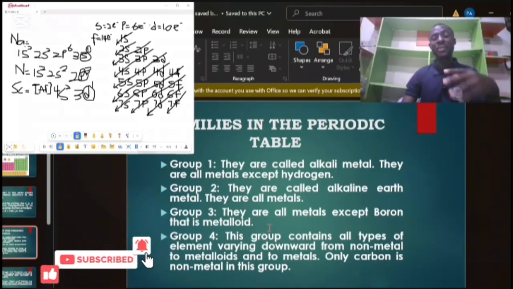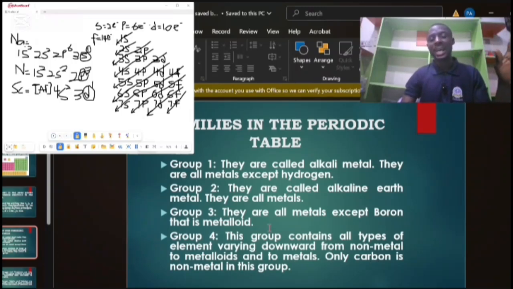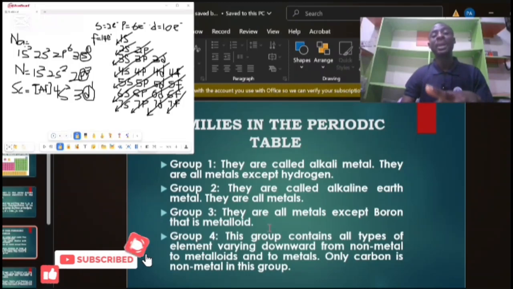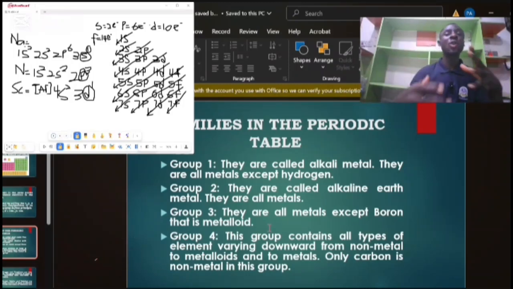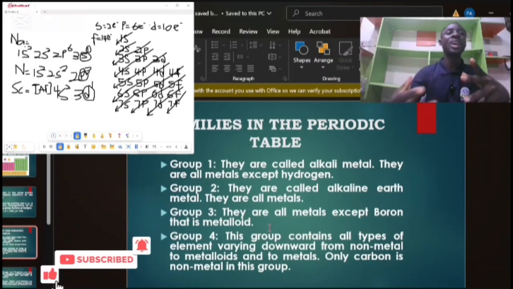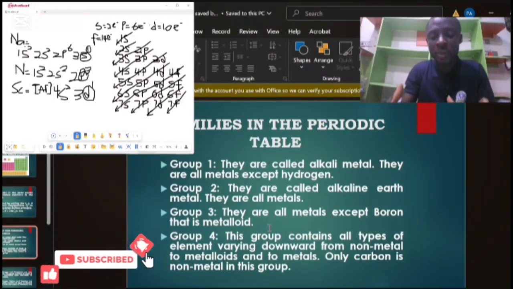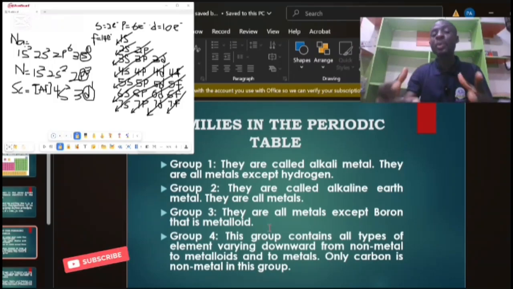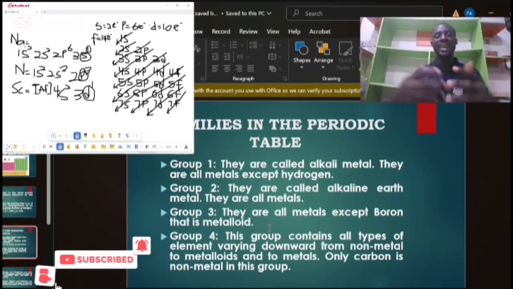From group 3, we have elements like aluminium, boron, and gallium, and so forth. Aluminium is an element in group 3. The oxide of aluminium and the hydroxide of aluminium are amphoteric. That's one peculiar characteristic of aluminium, which is part of the group 3 elements.